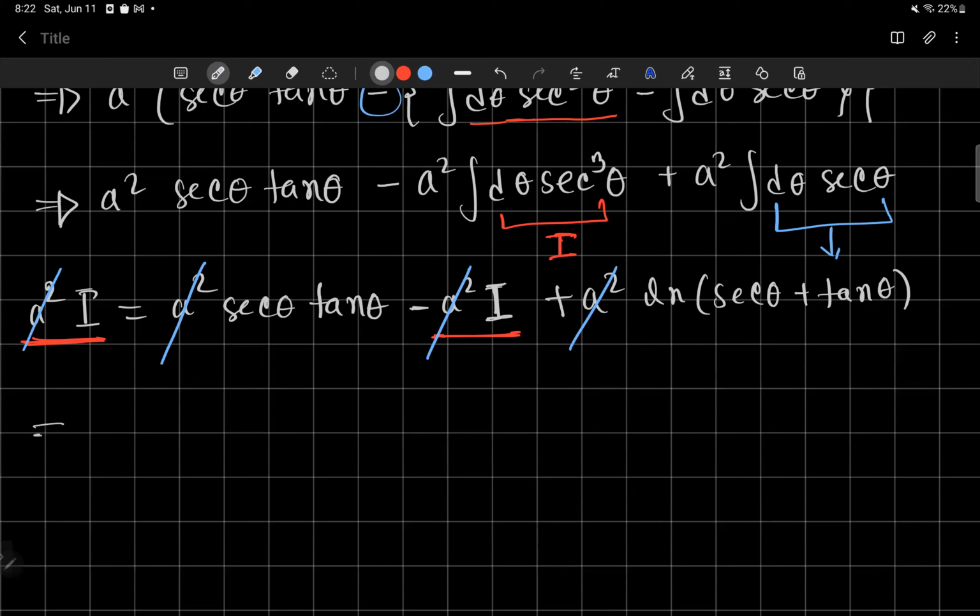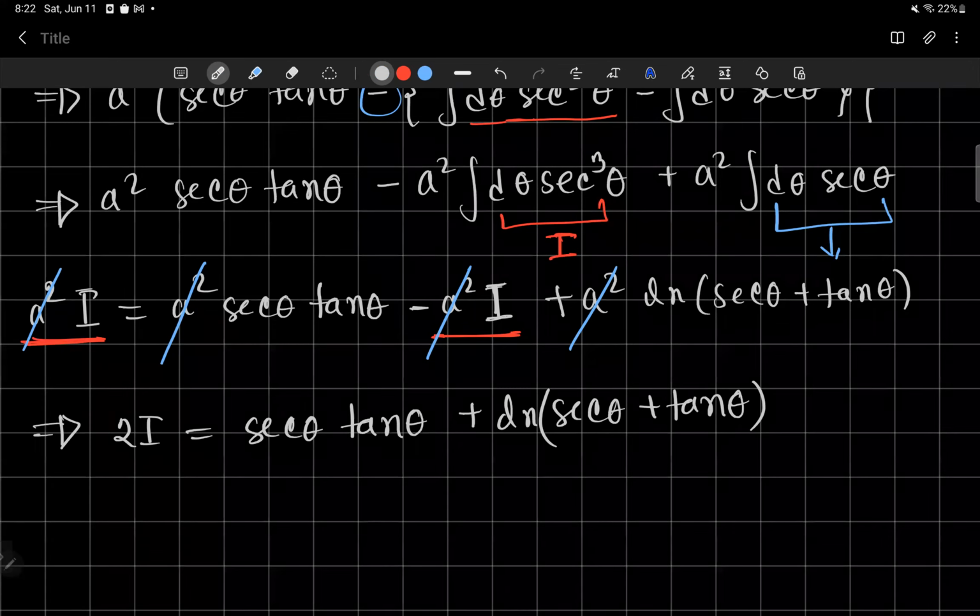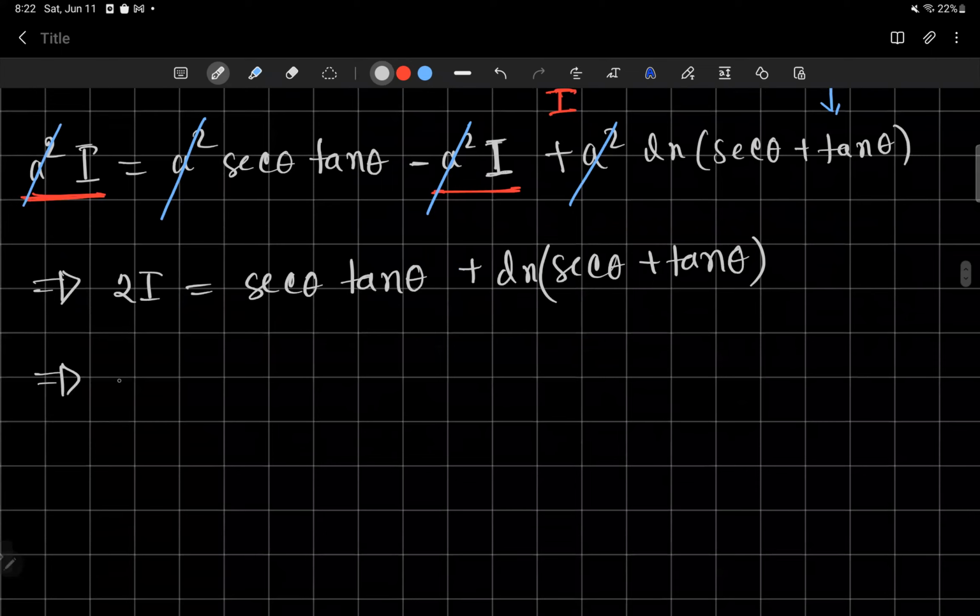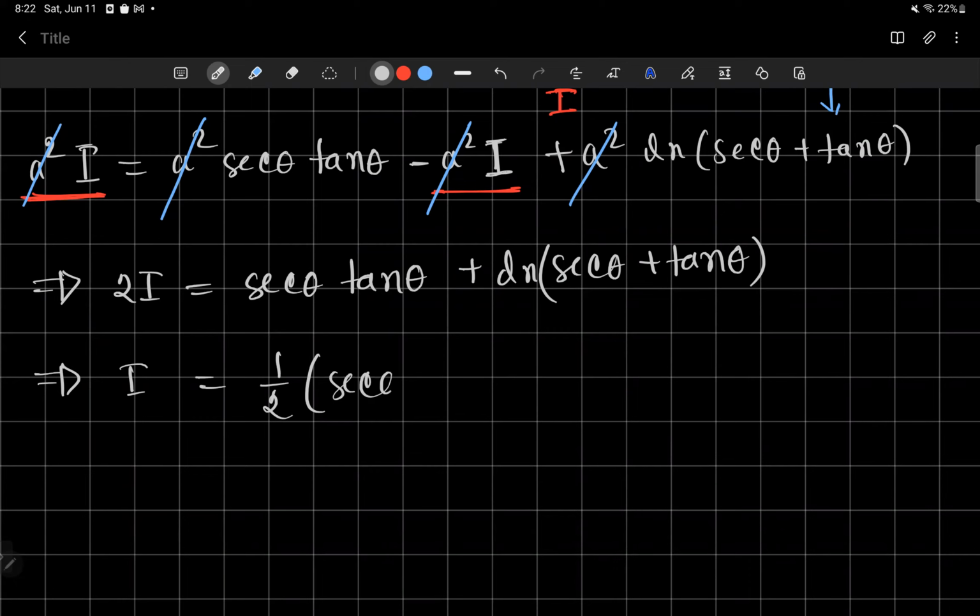So what you have at the end of the day is 2I equals sec theta tan theta plus ln of sec theta plus tan theta. So I is just 1/2 of sec theta tan theta plus ln of sec theta plus tan theta.